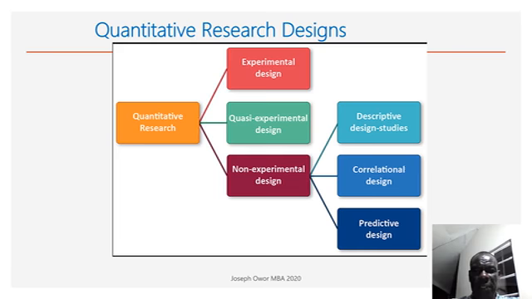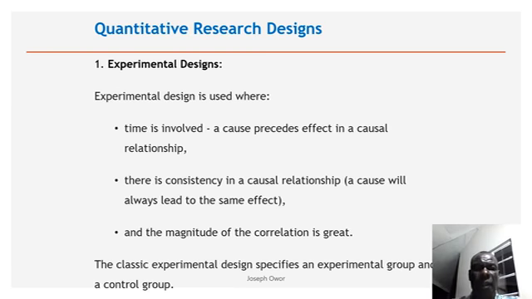The non-experimental design is divided into three parts: the descriptive design, the correlational design, and the predictive design. So we'll start to help you understand what each of these quantitative research designs means, and what it incorporates.